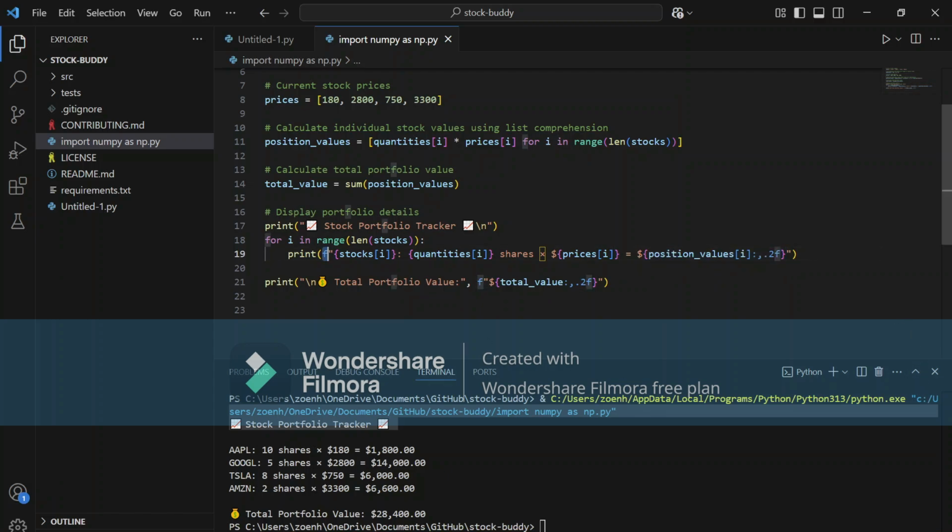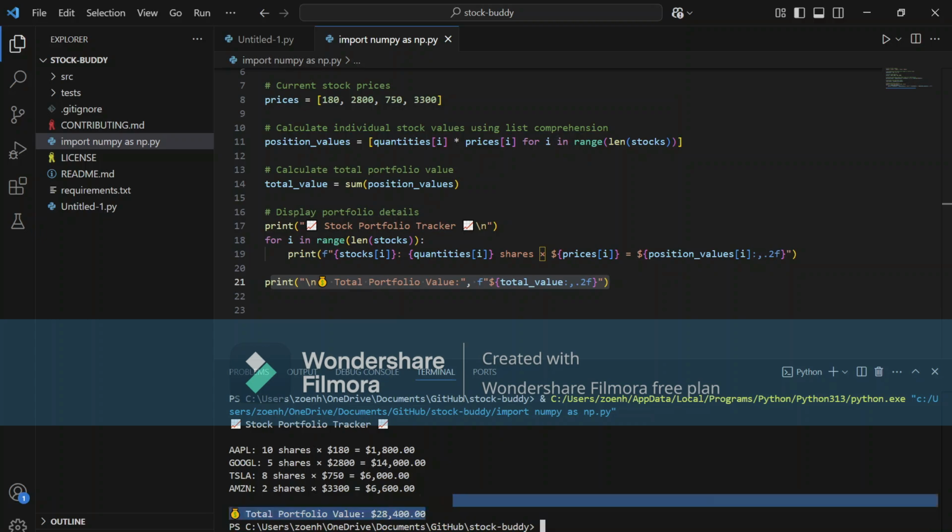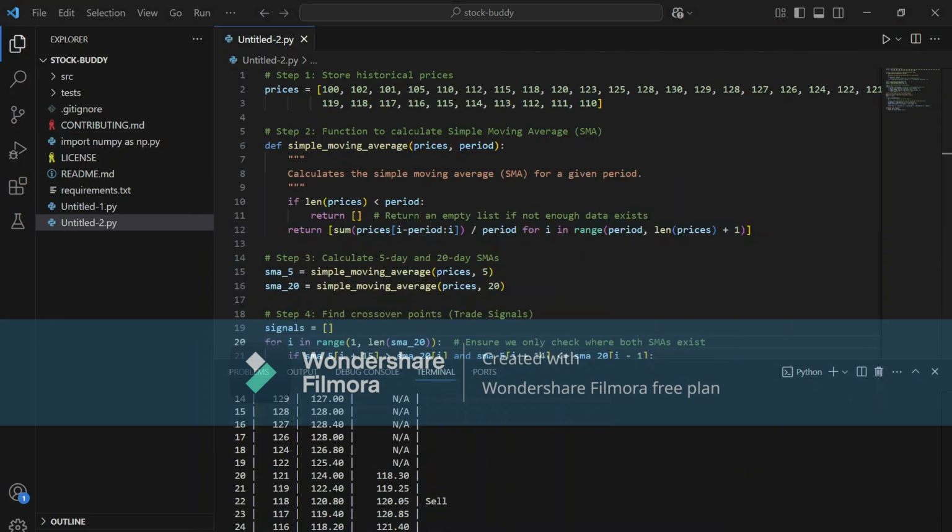That's indicated by that f-string. And then we're going to print the total portfolio value, which is equal to the total value to 2 decimal points. As we can see here, everything's in 2 decimal points, so it gets it to dollars.